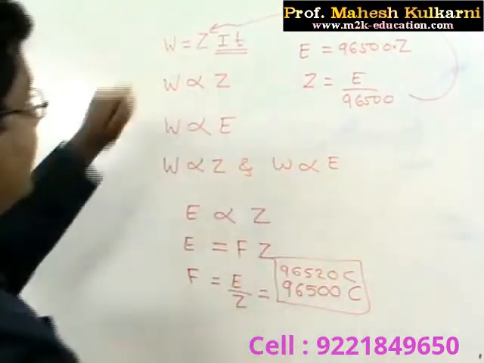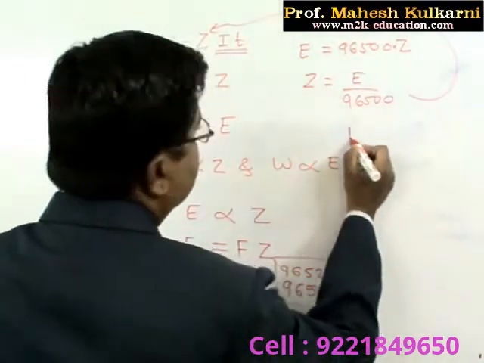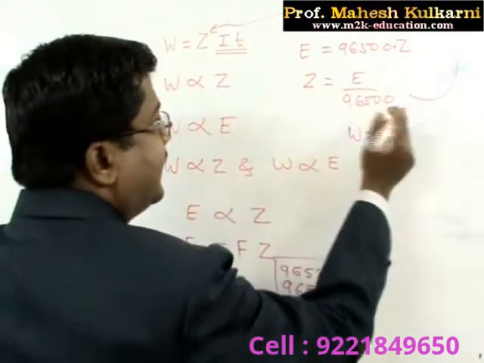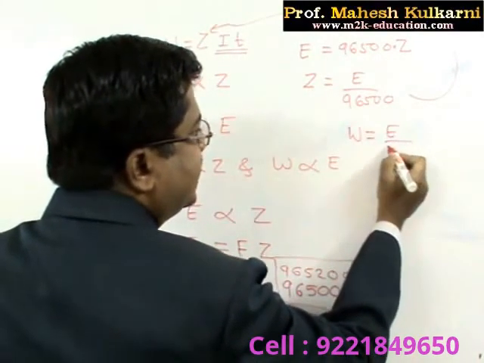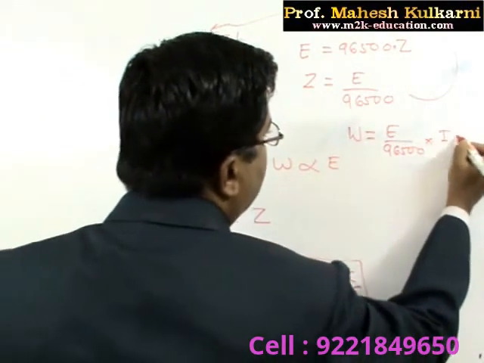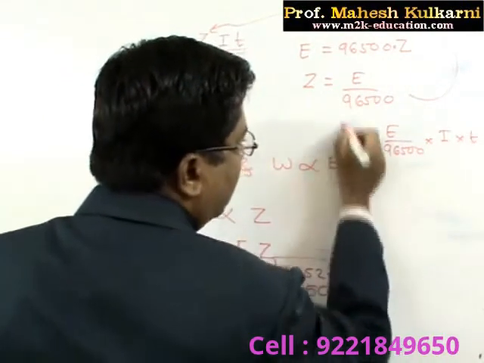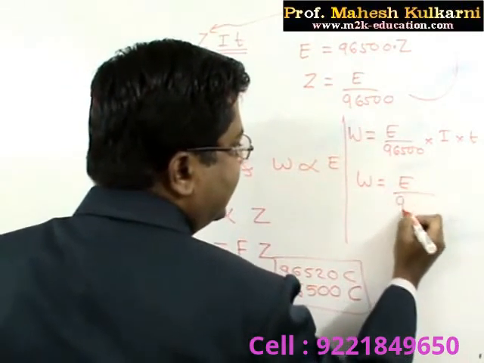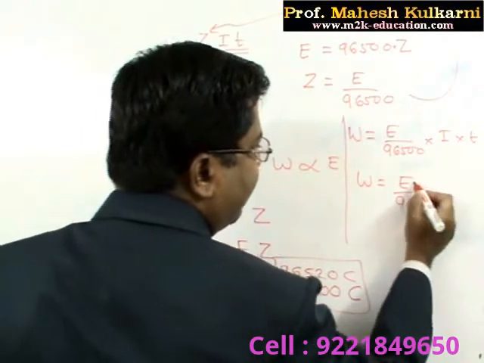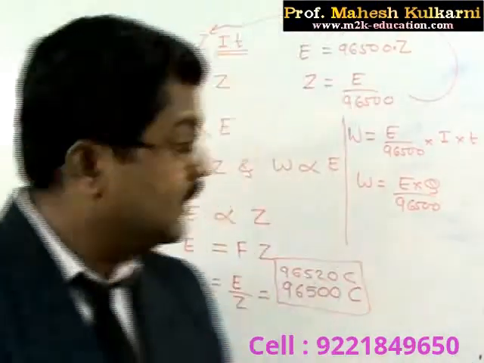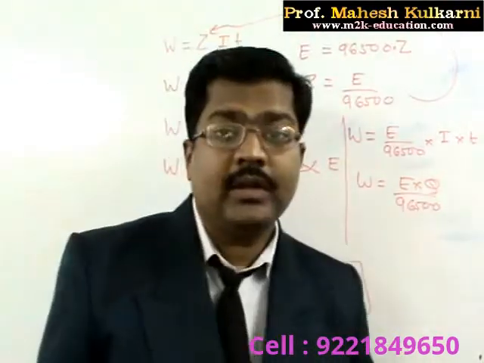That means I can combine these two laws and state W is equal to, replacing the value of Z by E by 96500, W is equal to E by 96500 into I into T, or into Q. That means 96500 is an important figure.